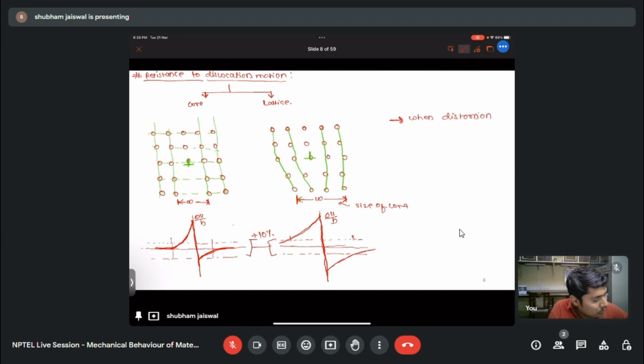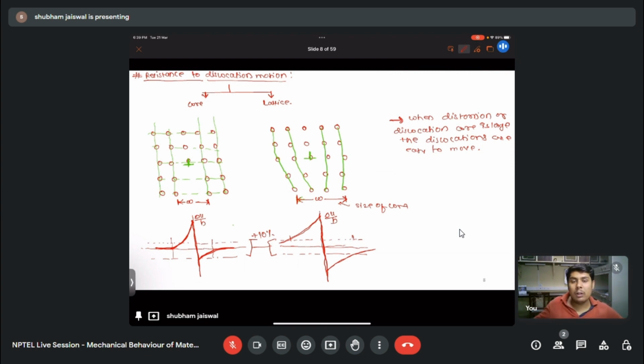So this is the resistance to the dislocation motion.